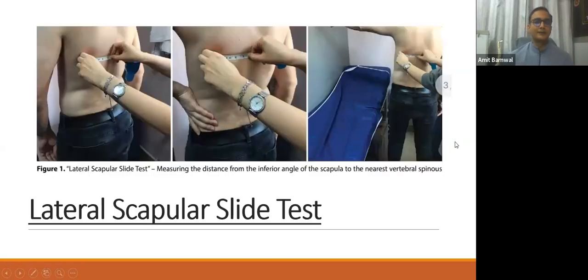There is another test, the lateral scapular slide test. We ask the patient to be in a standing position with the hand in a neutral position. We take the measurement from the inferior angle of the scapula to the mid of the spine.